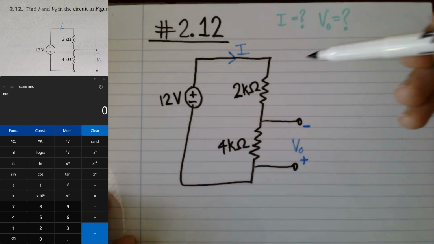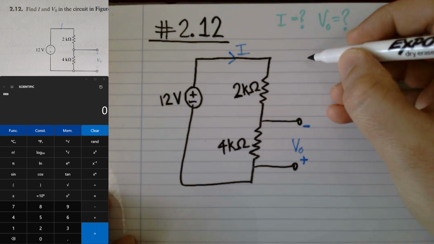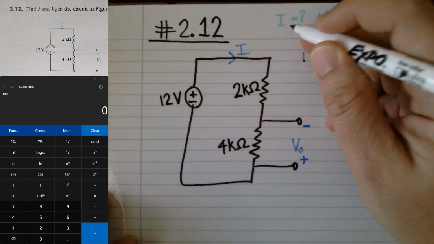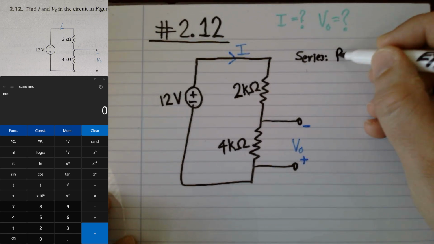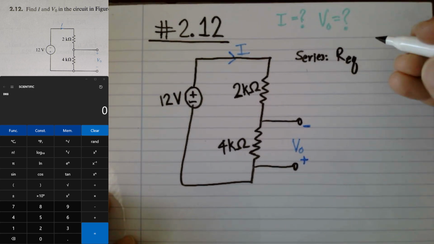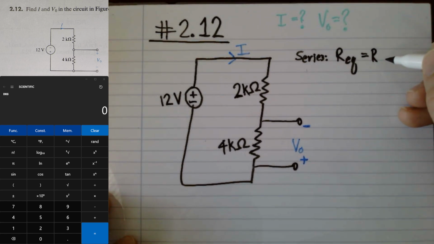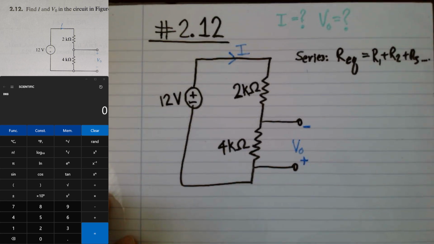The equivalent circuit when the resistors are in series follows this formula. So for series, the equivalent resistance is simply the sum of the individual resistances. So R1 plus R2 plus R3 plus so on.